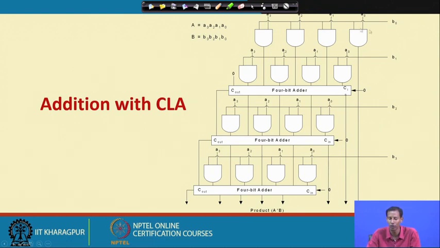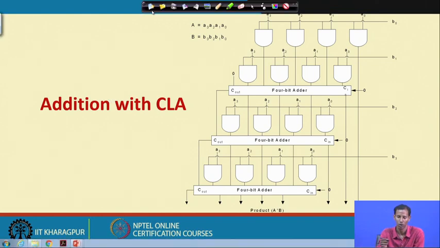At the very beginning, I have 4 AND gates over here and 4 AND gates over here. So, if I am multiplying A3, A2, A1, A0 with B3, B2, B1 and B0.